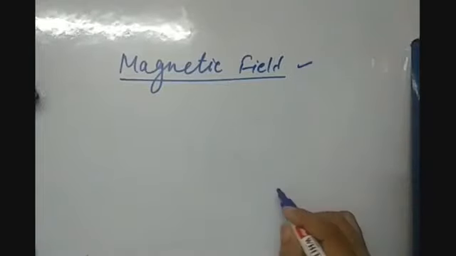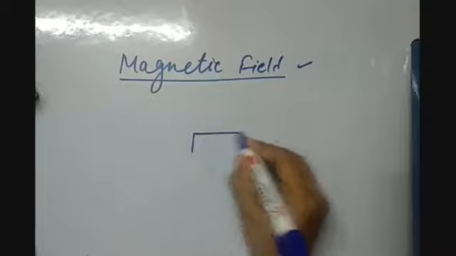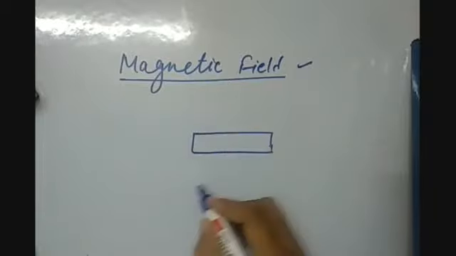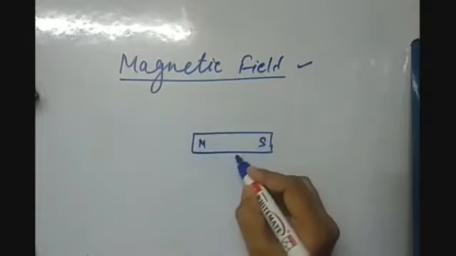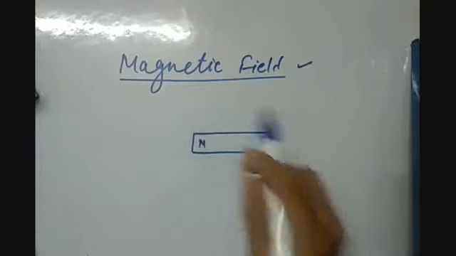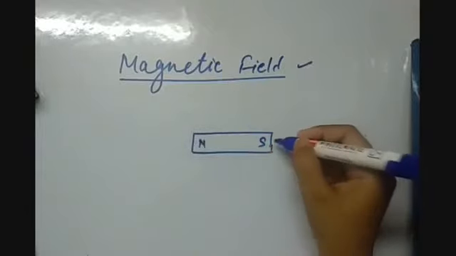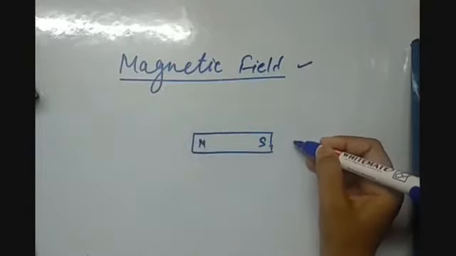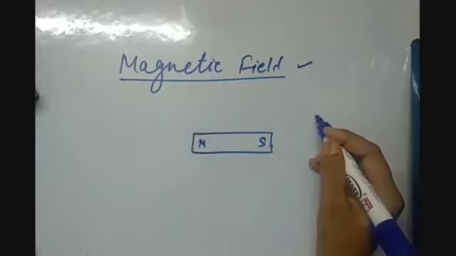Our next topic is magnetic field. So basically magnetic field is a region around a magnet in which its influence can be felt by another magnet or some magnetic material.